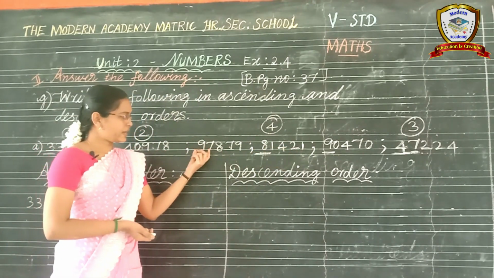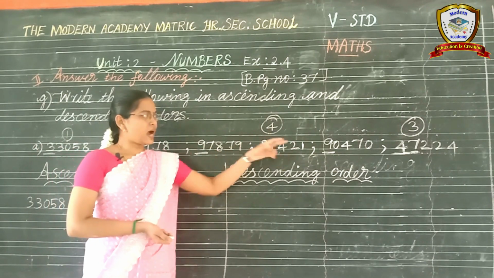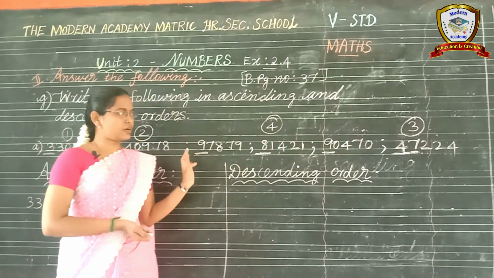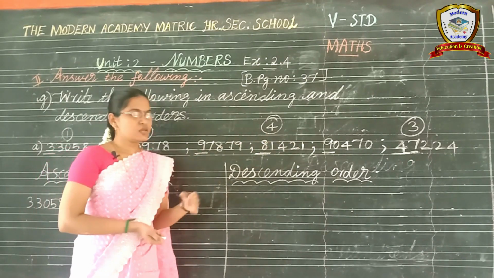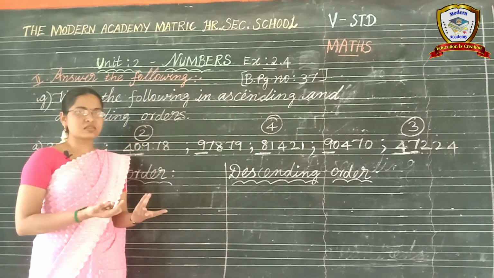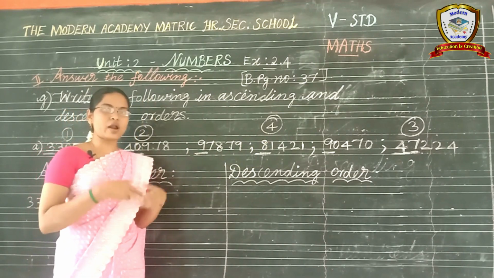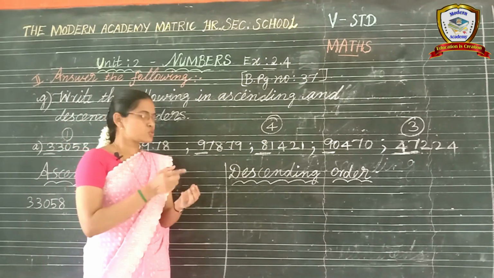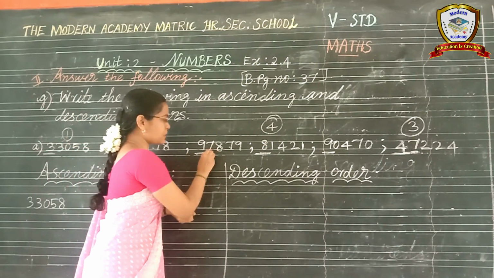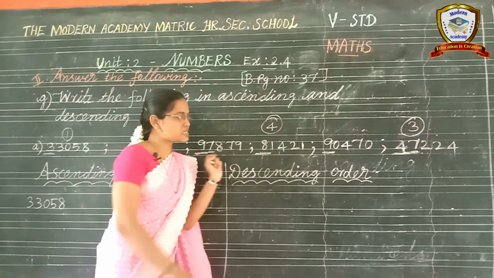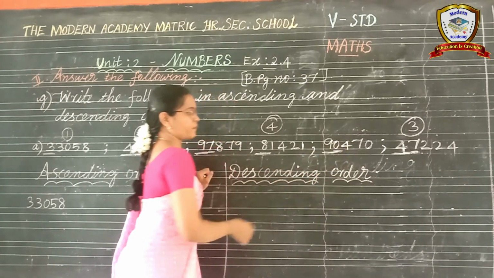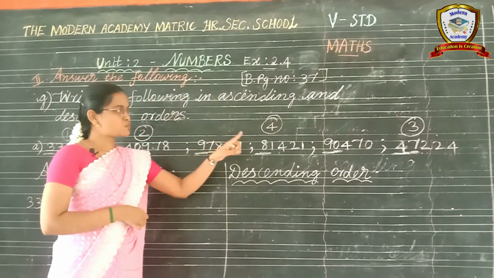Remaining we have 2 numbers: 97,879 and 90,470. Compare these 2 numbers. Starting numbers are equal. So if the starting numbers are equal, we can't identify which is smaller and which is bigger. So we have to move to the next number. What is the next number here? 7. Here? 0.